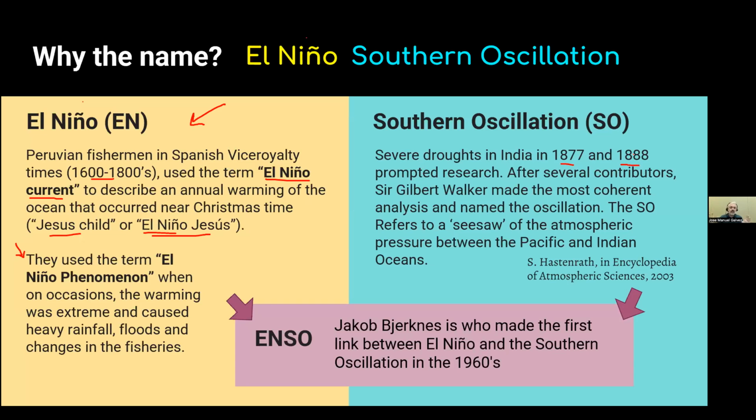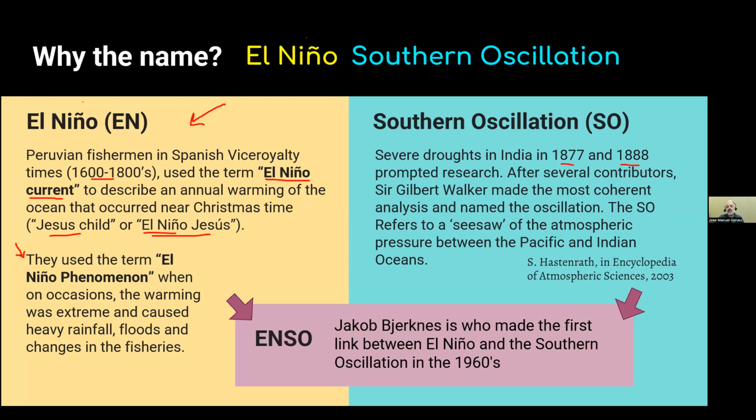So researchers started saying, okay, what's going on? We need to find out how to forecast this because it is affecting a lot of people. That prompted research. There were a lot of researchers looking into this, but the one who put the pieces together and gave it a name was Sir Gilbert Walker. I don't have the right date. I think it was in the early 1900s, if I'm not wrong.